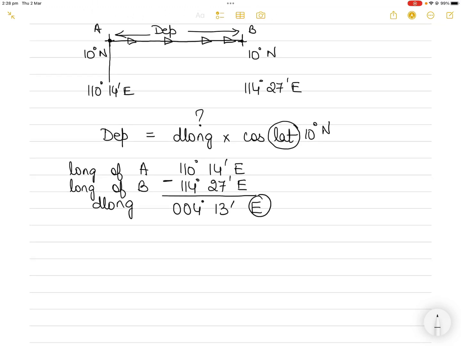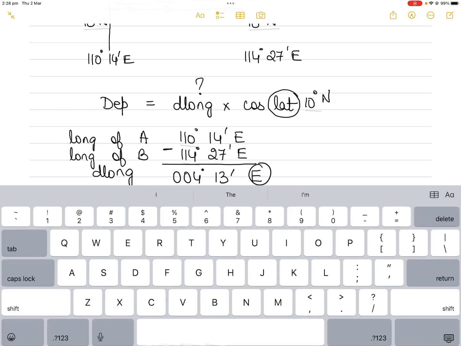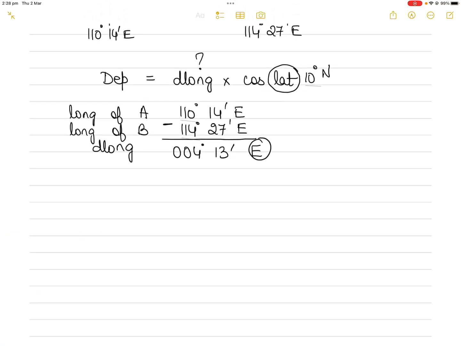But we cannot take this value straight away and put it in the formula. So D long will have to be converted into minutes. So the rule is you can only write a value in degrees and minutes if it is preceded by a sine or cos or a tan or a cosecant, secant or cotangent.